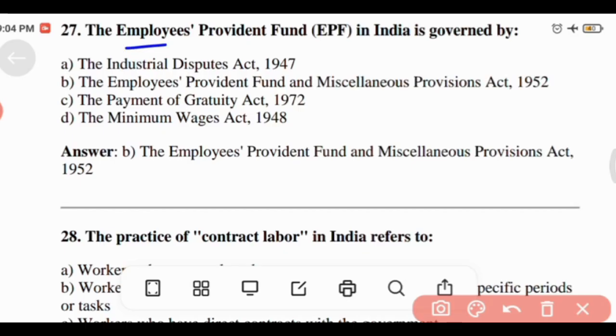The Employees Provident Fund EPF in India is governed by option B, the Employees Provident Fund and Miscellaneous Provisions Act 1952.